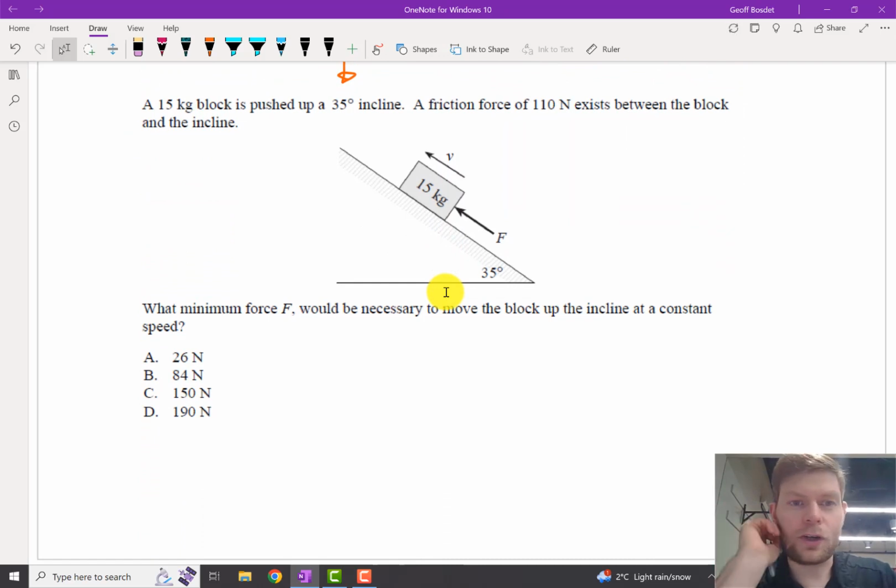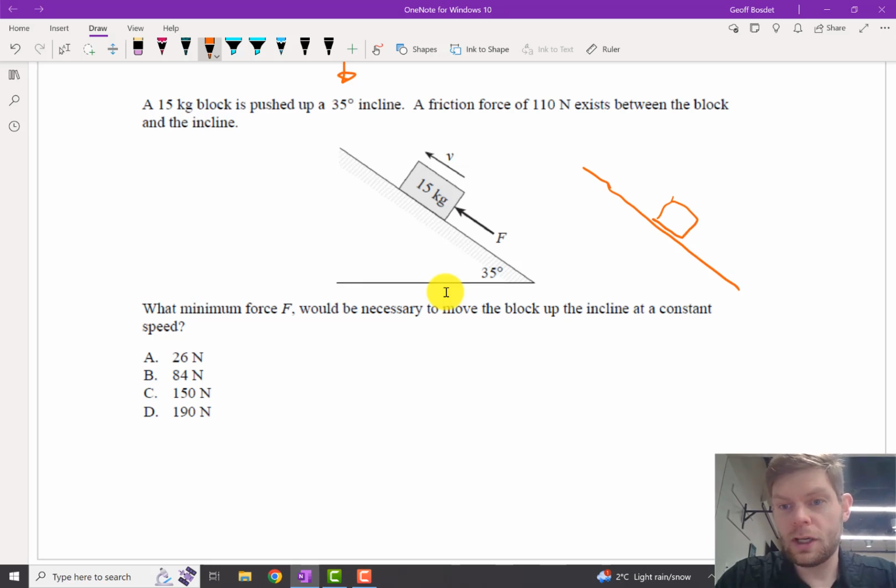We've got a 15 kilogram block pushed up a 35-degree incline. Friction force of 110 exists between the block and the incline. I'm going to component diagram this because I love component diagrams. They make things so much more obvious. Pulling down, I'm going to have friction because it's moving up, and friction will always oppose motion or tendency to motion.